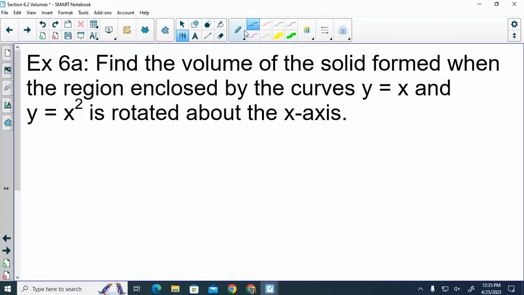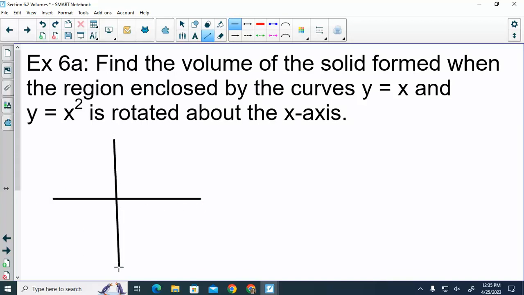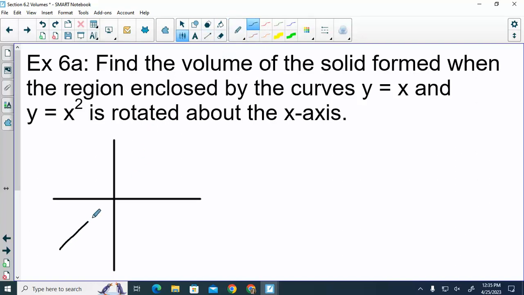Let's look at this one. What is the volume of the solid formed when the region enclosed by the curves y equals x. What's y equals x look like? That's just a line. Y equals 0, slope 1. And y equals x squared. What's x squared?